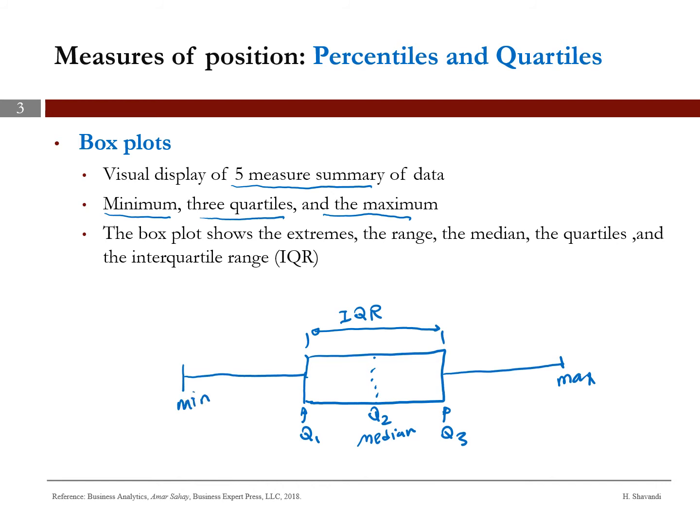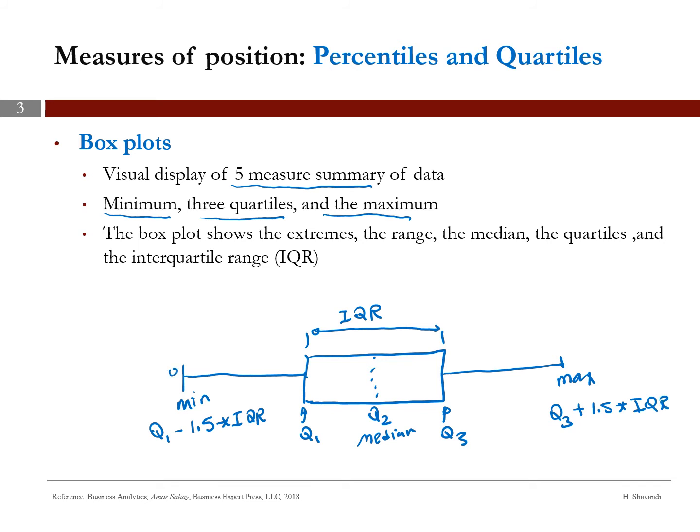But usually instead of considering the minimum and the maximum of observations in the sample data, we will consider the minimum as Q1 minus 1.5 times the IQR, and the maximum as Q3 plus 1.5 times the IQR.